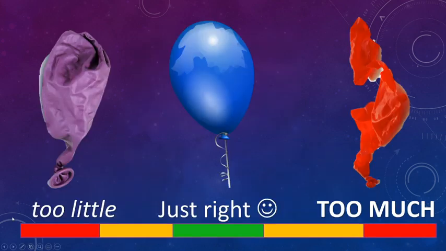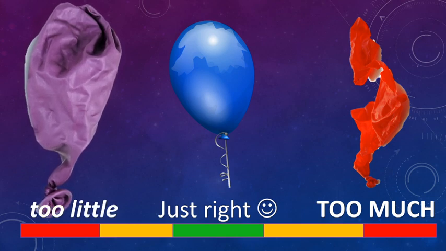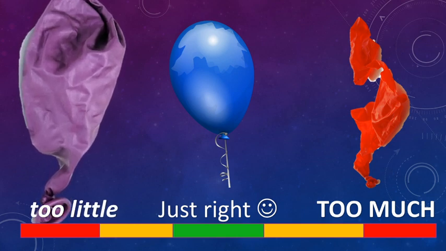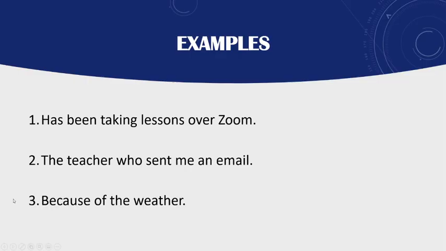So, going back to the balloon, which one do you think a fragment would be if it has too little information? It would be the first balloon, the one that does not have enough air. It's missing something.